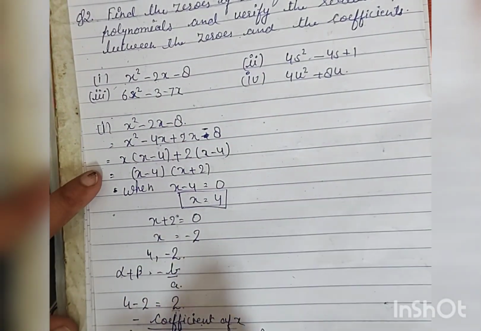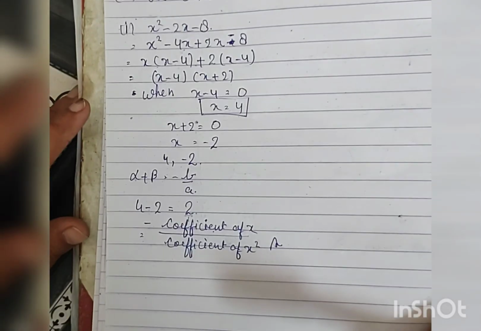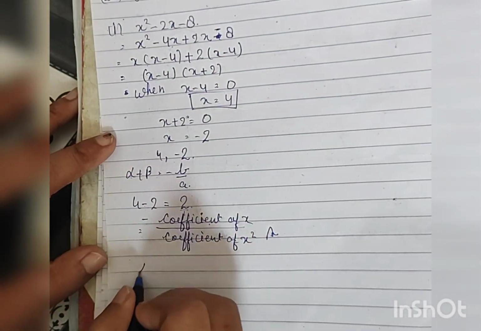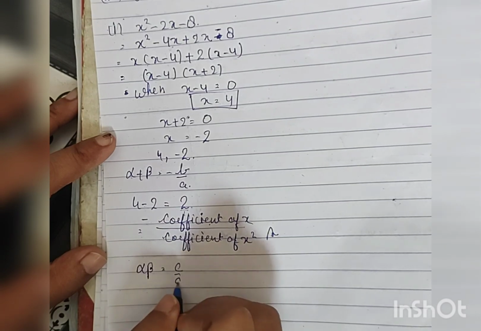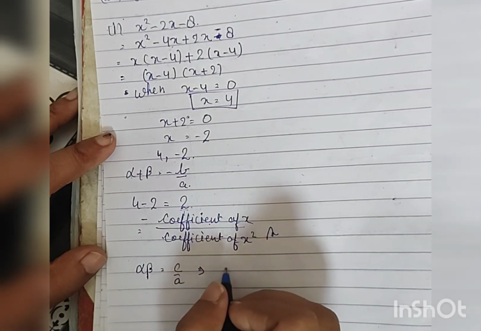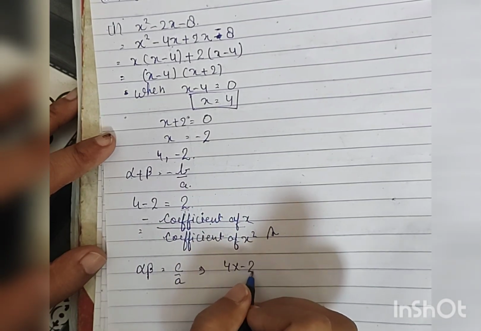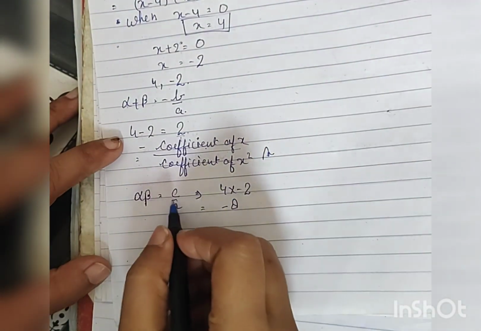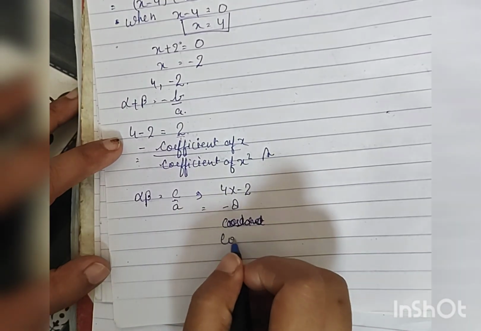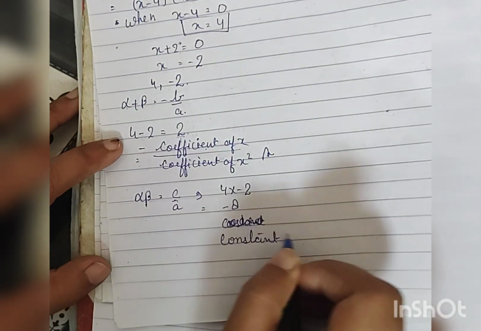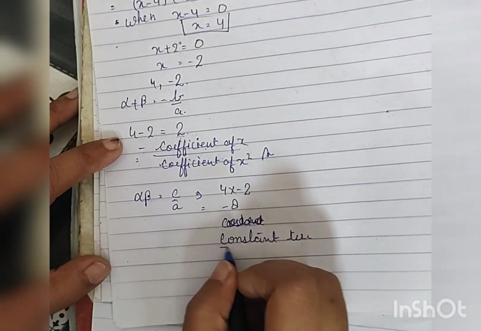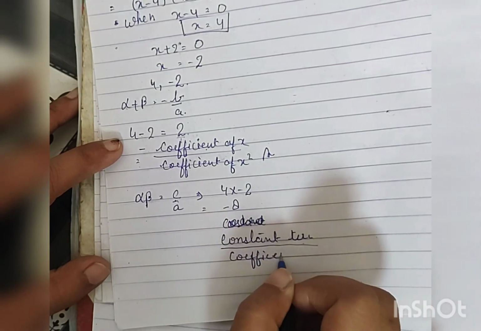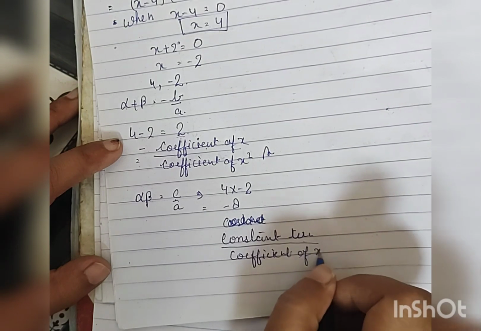Okay, next one, we have to multiply the product of the zeros. Alpha beta is equal to c upon a. So here you can multiply 4 into minus 2, which is minus 8. What is c? C is the constant term upon the coefficient of x square.